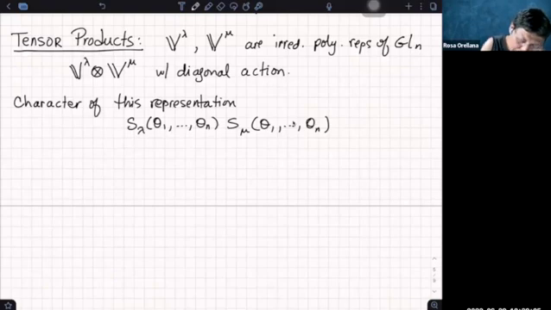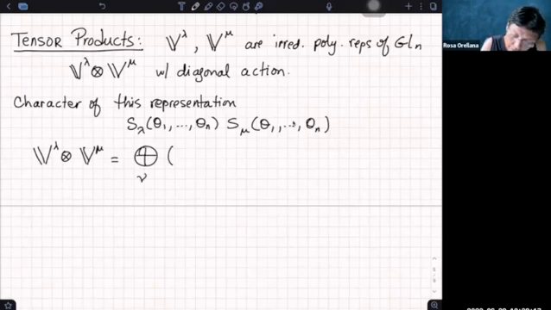So if I wanted to decompose the tensor product, it is equivalent to decomposing the character, and this is equal to nu. And the multiplicities are the Littlewood-Richardson coefficients.